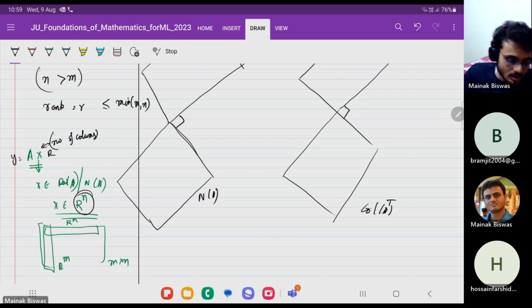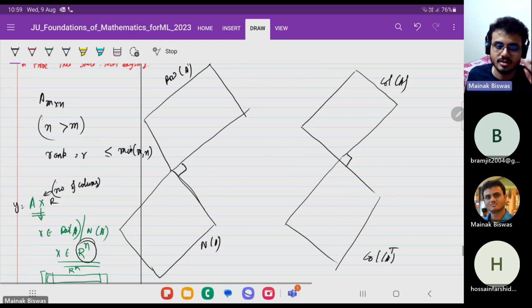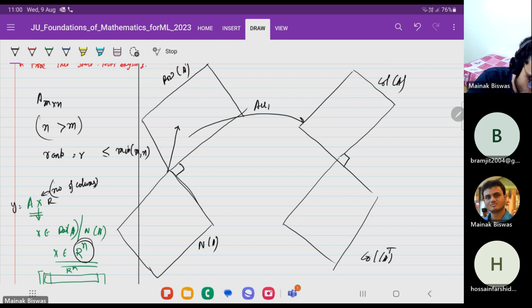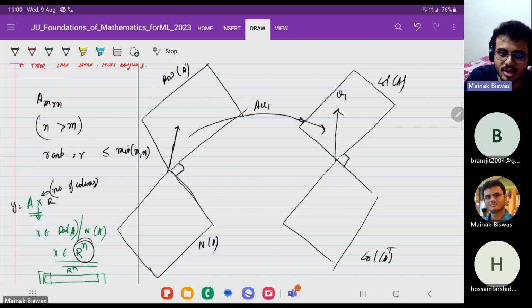Okay. So you say you have a vector Q1, right? So when you multiply A, what happens? Do you agree A U1 will go to the column space or not? So a matrix vector multiplication is a linear combination of the columns, yes or no?